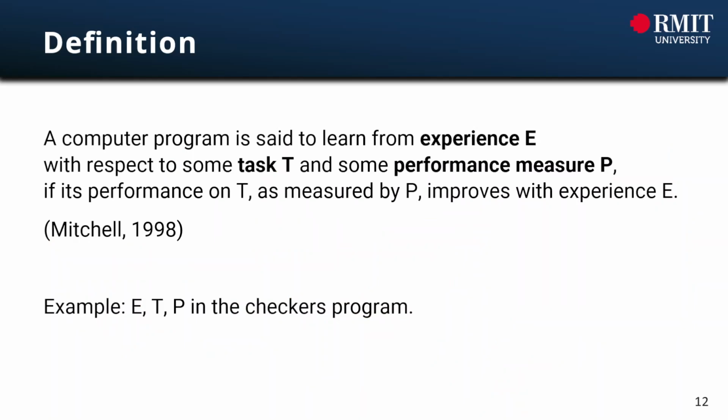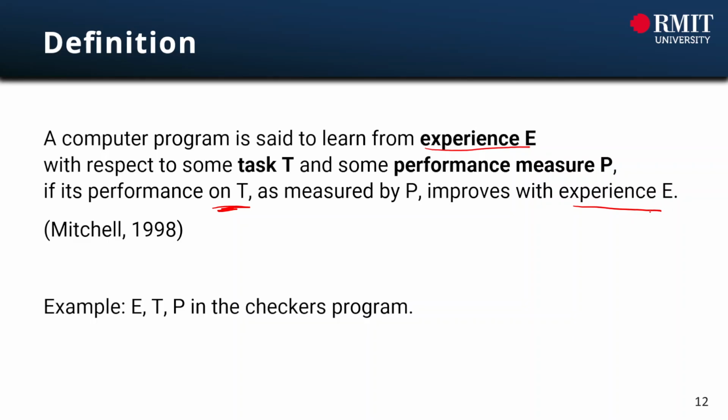Here is another, more formal definition from Mitchell in his book. He mentioned a computer program is said to learn from experience E if it can perform some task T better and better when it sees more experience.